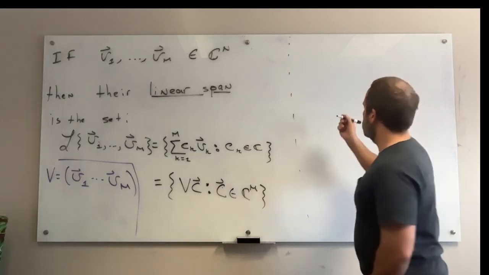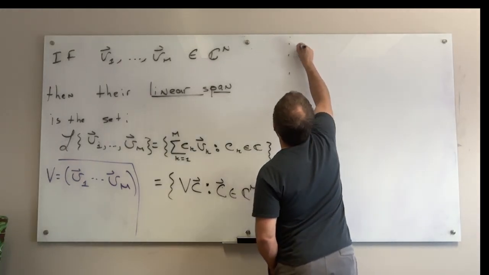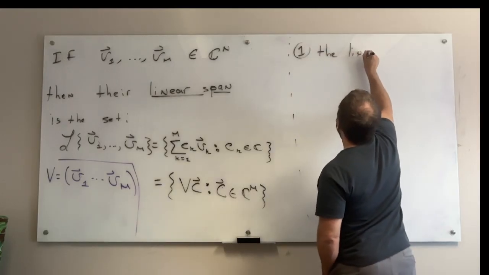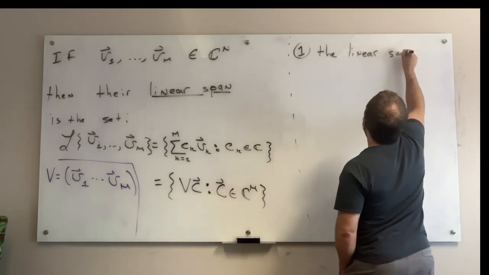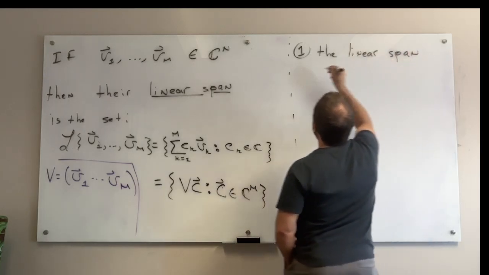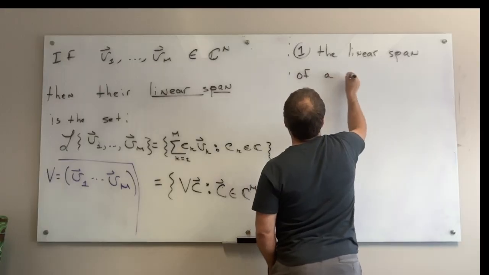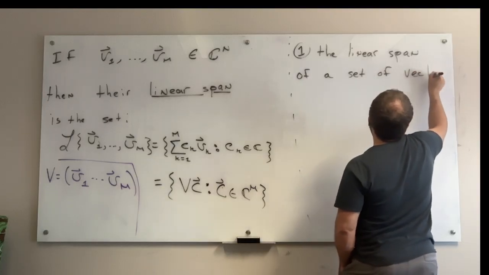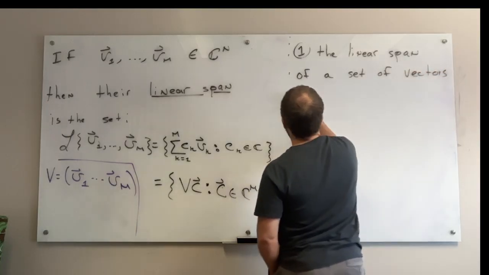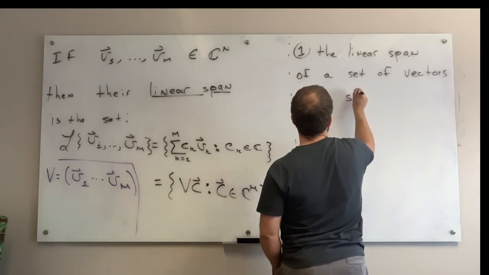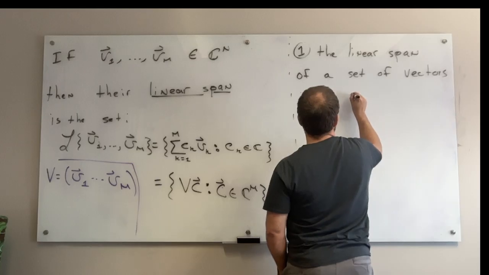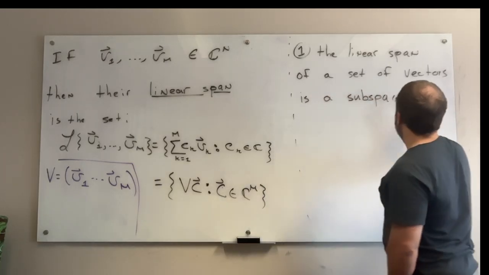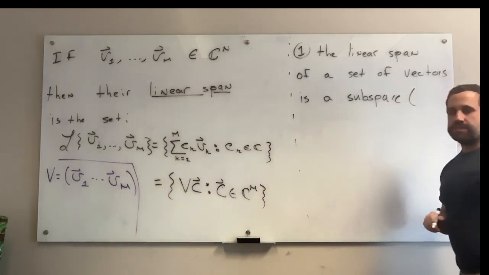Okay. So here's some facts. One, the linear span of a set of vectors is a subspace. Okay, so what is a subspace?